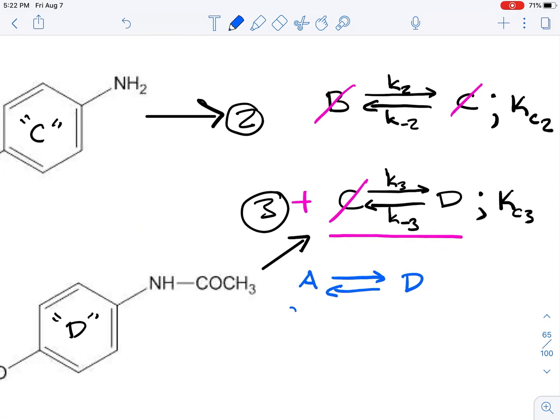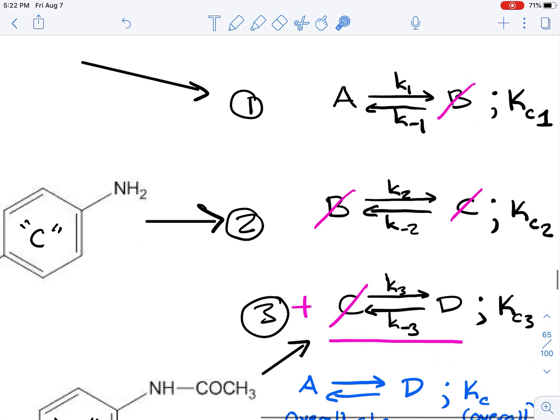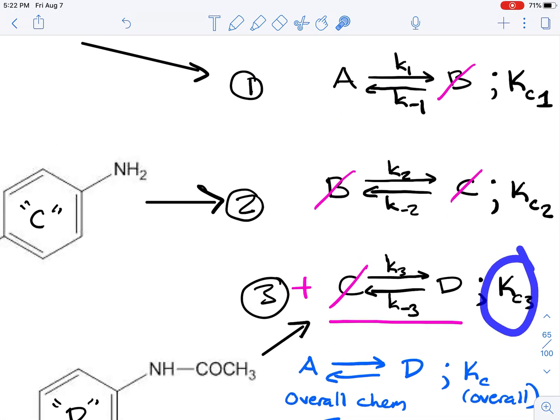This is going to represent the overall chemical equation, and Kc overall, I'll put this in parentheses, is once again going to be unique and different than all of these equilibrium constants for each step in the chemical reaction.